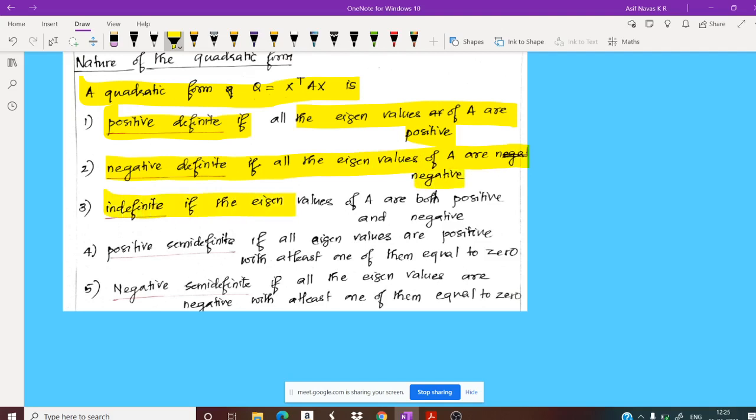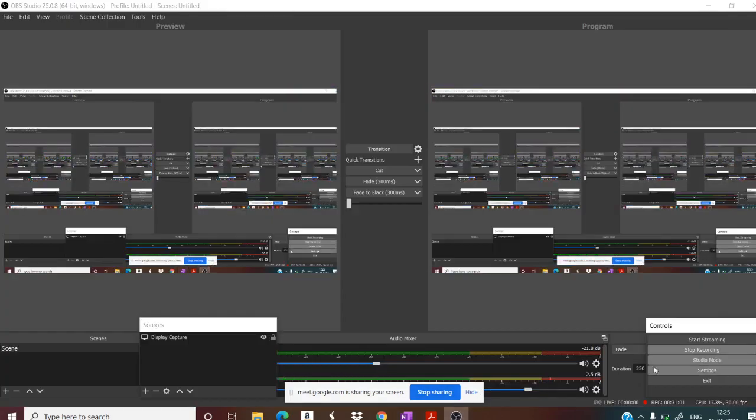Indefinite if eigenvalues of A take both positive and negative values. Positive semi-definite if all eigenvalues are positive with at least one of them equal to 0, and negative semi-definite if all eigenvalues are negative with at least one equal to 0. So is it clear?